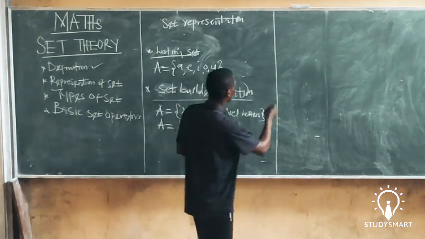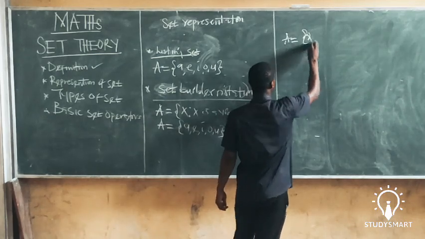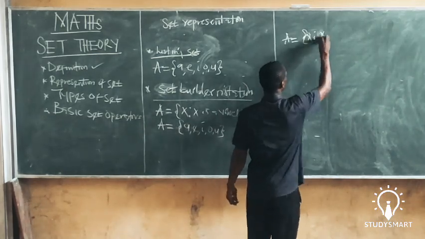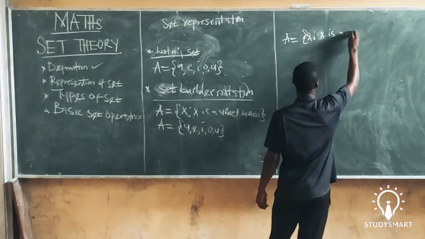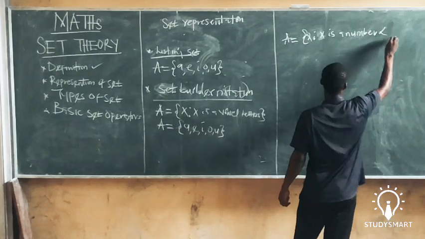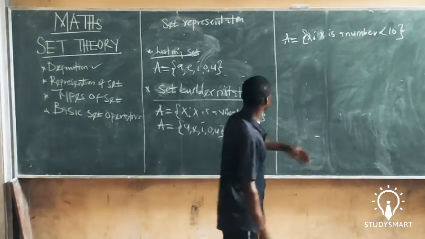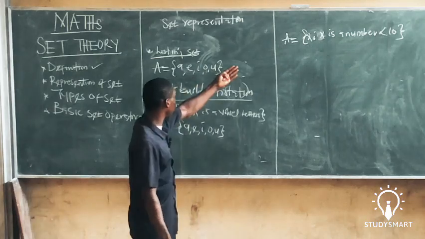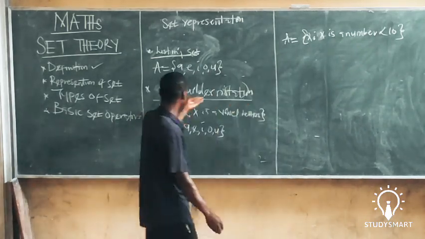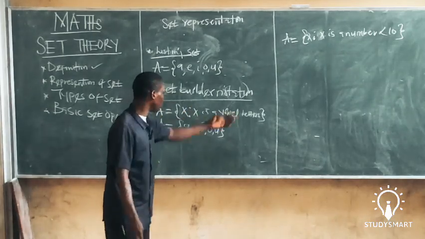What this simply means is that if I have A to be equal to the set of x such that x is a number less than 10, and if I want to represent this by listing, don't forget that all these are examples of set builder notation representation of sets. So that is how set builder notation looks.